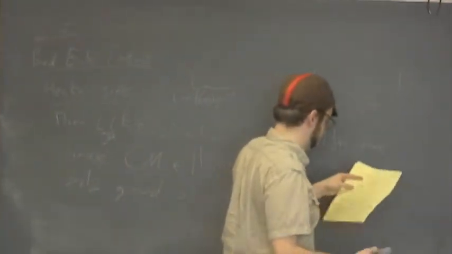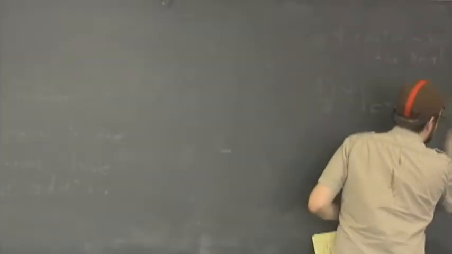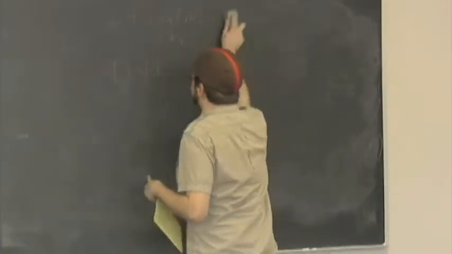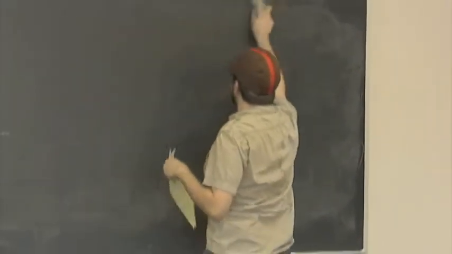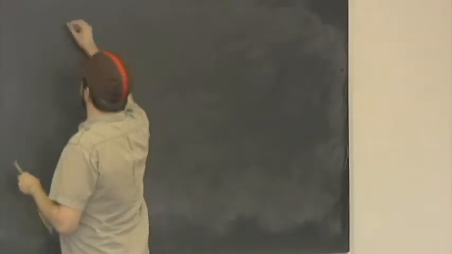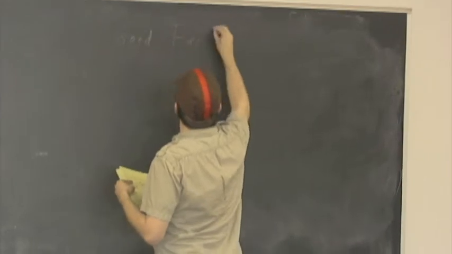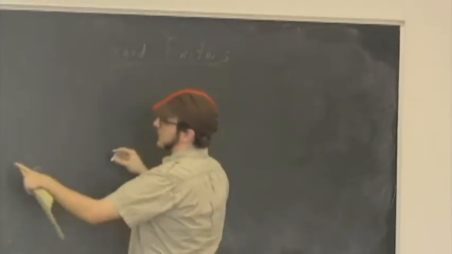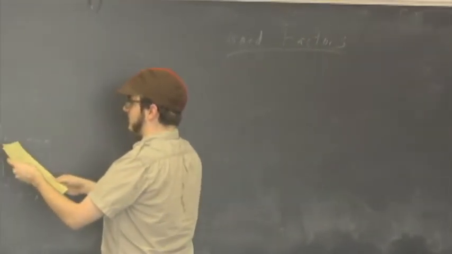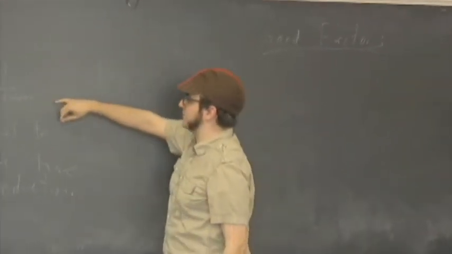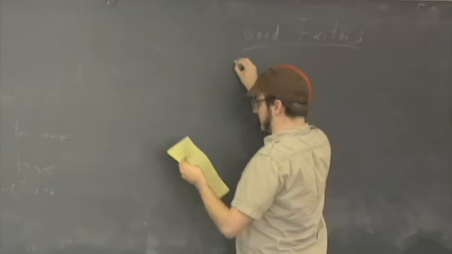So I have to show you the good factors are the same. The fact that the good factors are the same sort of follows from FOIL. I'm just going to FOIL out those denominators.